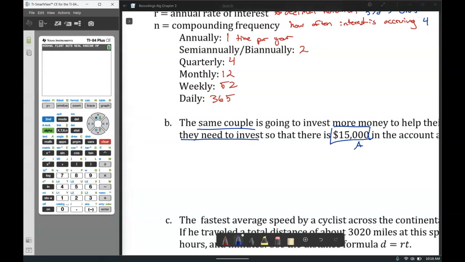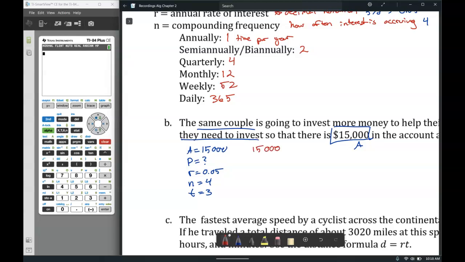And so we'll start with the same assumptions, but now we have $15,000 as the desired amount, and the principal is what we're trying to solve for. If we're using the same bank as before, the rate will be the same, 0.05. The compounding frequency is still going to be quarterly, and the time is still going to be 3 years. And so how we write our formula will be slightly different.